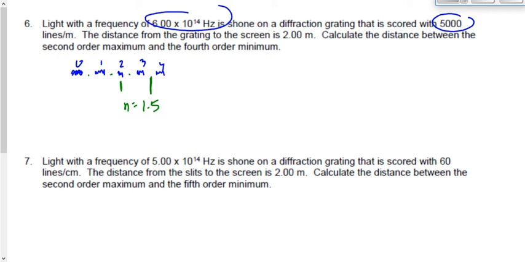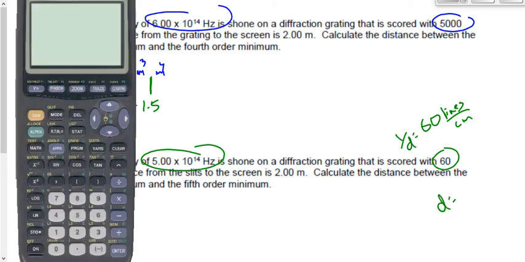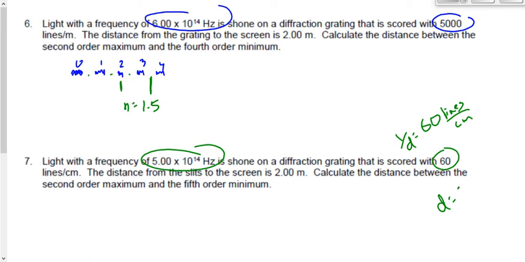And finally, we have question number 7, which is again the same as question number 5. Just remember that you have to convert to wavelength. 60 lines per centimeter. That's 1 over D, so get D. 1 over 60 gives me 0.01667 centimeters.